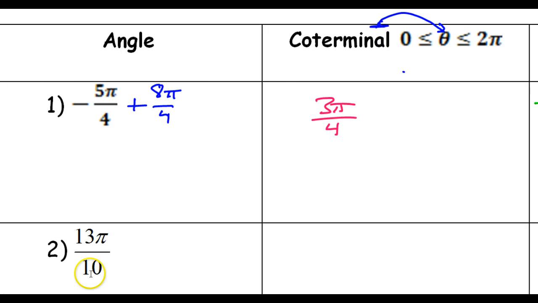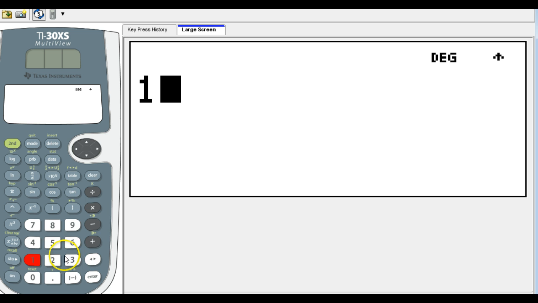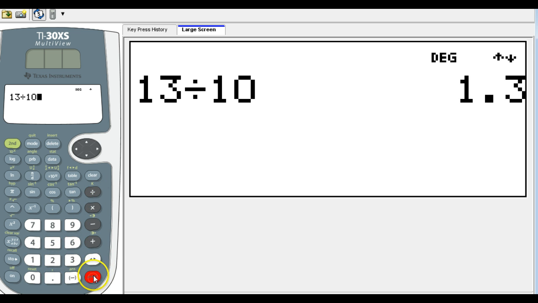Okay, let's move on to number 2. Now this is not one of the special angles, so we will have to approach this slightly differently. First of all, 13 over 10. Let's see how that compares to 2 pi. Alright, so if we do 13 divided by 10, of course that is 1.3.